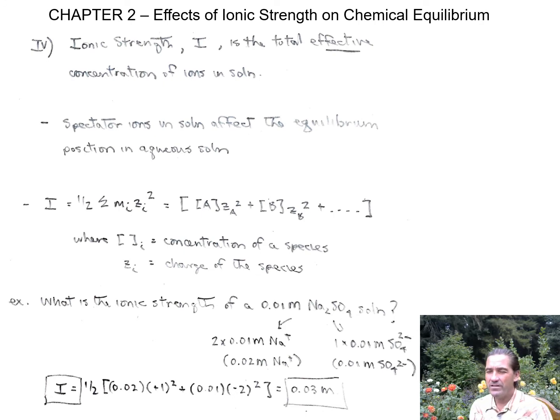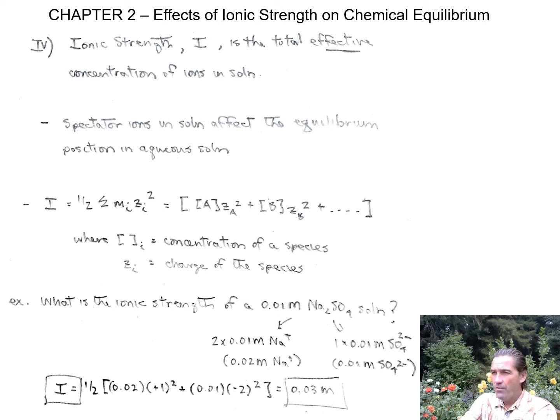It's a measure of the ions and charge, their concentration and charge in solution. So it takes all the charges of all the ions, no matter if they're positive or negative, and allows us to give that quantity a number.